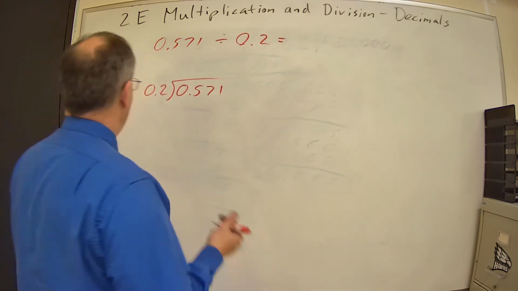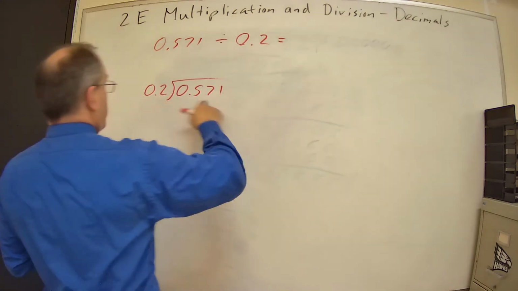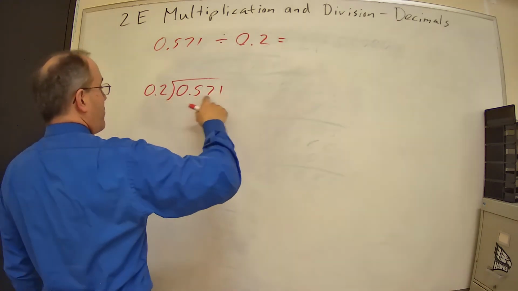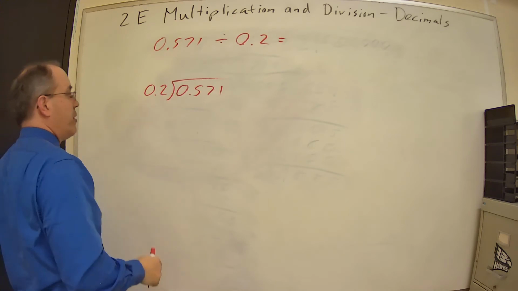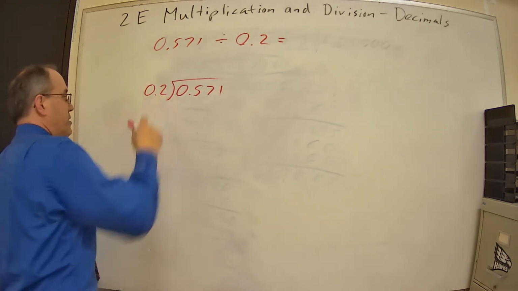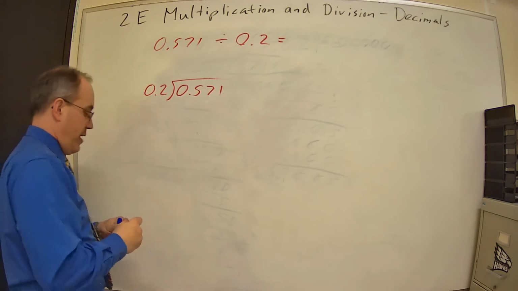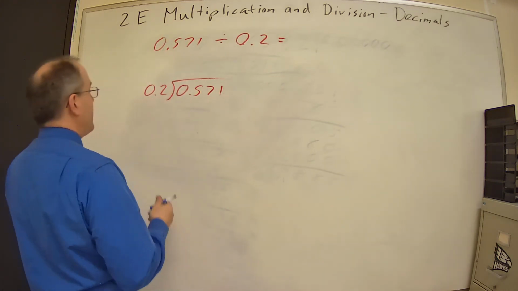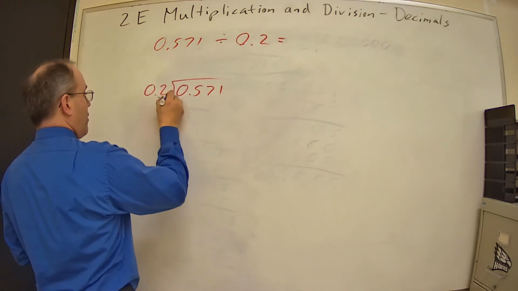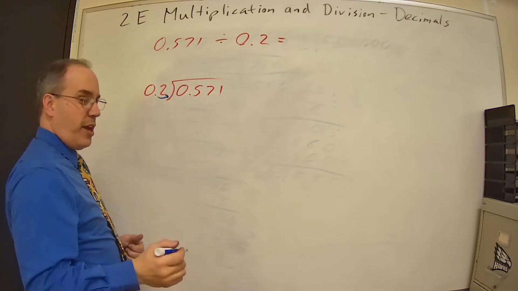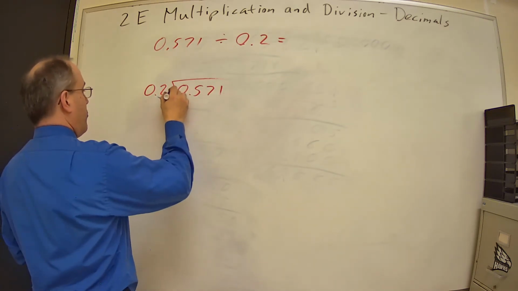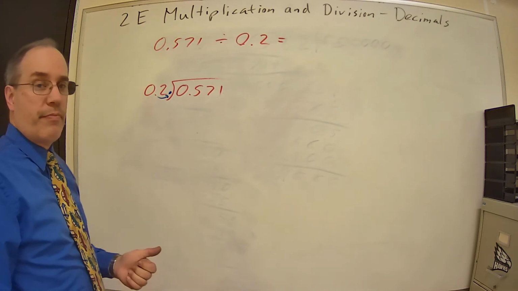So what I'm going to do is, instead of taking 0.571 and dividing by 0.2, I'm going to turn this into a whole number. And how I do that is by moving that decimal point over to the right one place. So I'm going to move that over and call it 2.